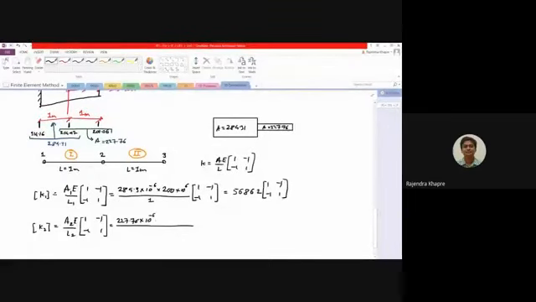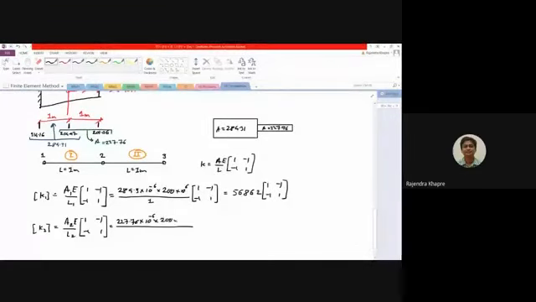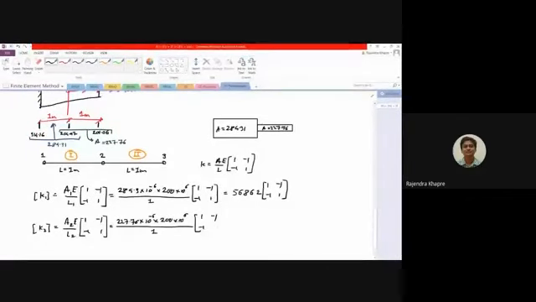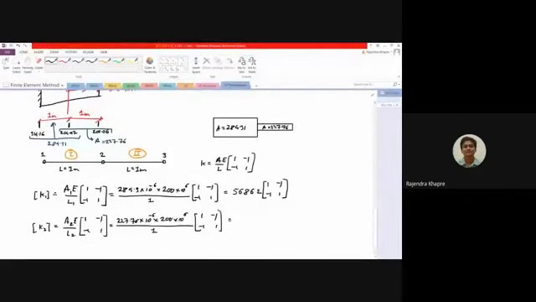If you multiply it with 10 to the power minus 6, this will be meter square. The modulus of elasticity is still the same, and the length of the element is 1 meter. So this is 1 minus 1, minus 1 and 1. Can somebody tell me the constant value, please? 45552.